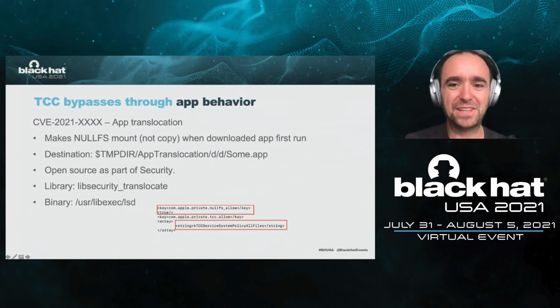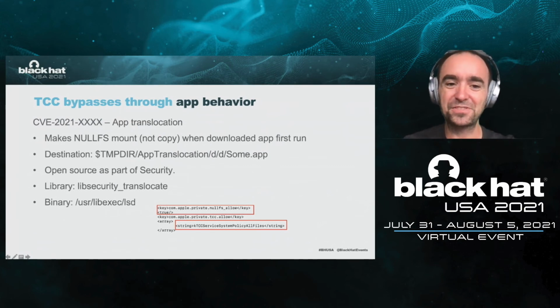A nullfs mount basically means that it will map the application and the entire directory structure under it to another location on the file system. The destination is typically in the tempdir, AppTranslocation/d/d, and then the application name.